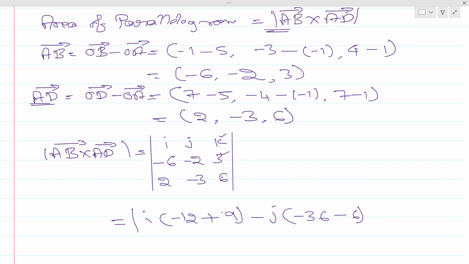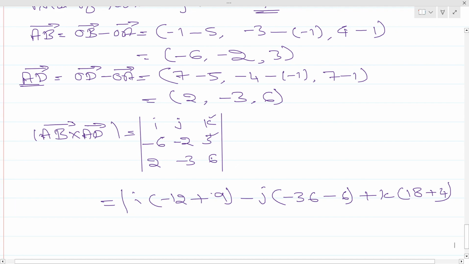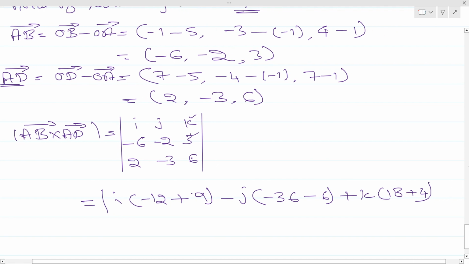The third coefficient, that is k multiplied with, eliminating the first row and the last column, minus 6 into minus 3, that's positive 18. Minus of minus 2 into 2, that will become plus 4. All of these are magnitude because area is a scalar number.